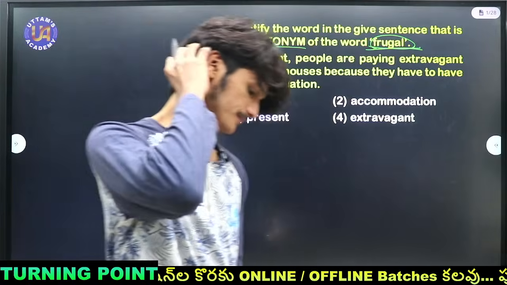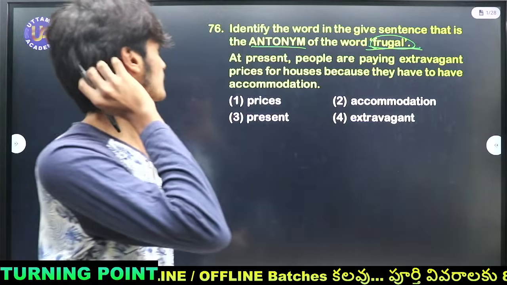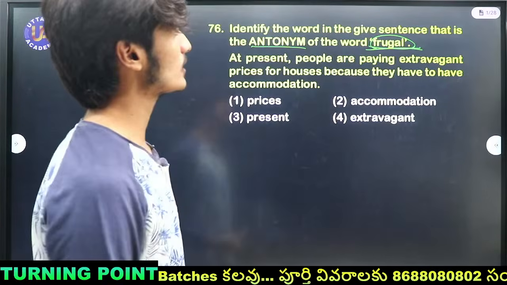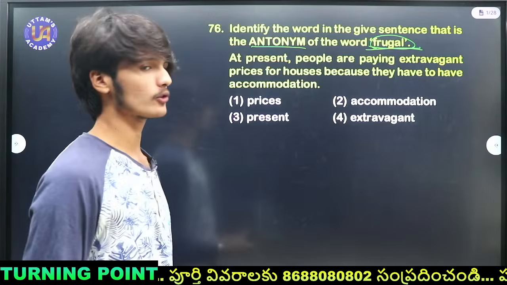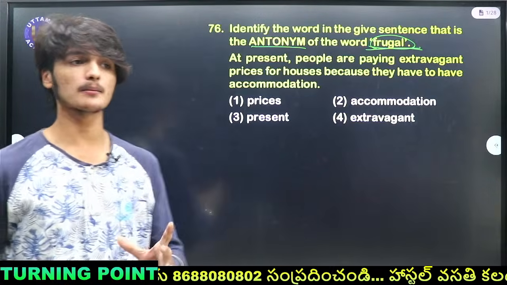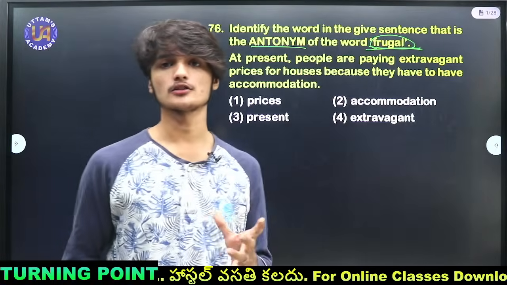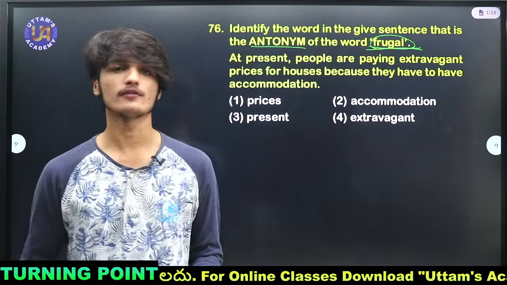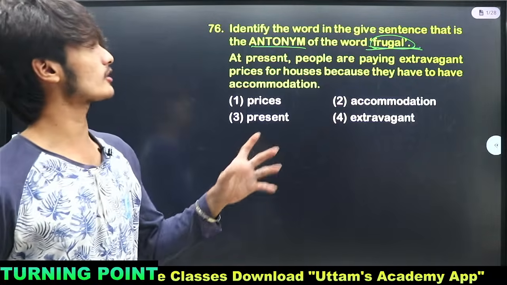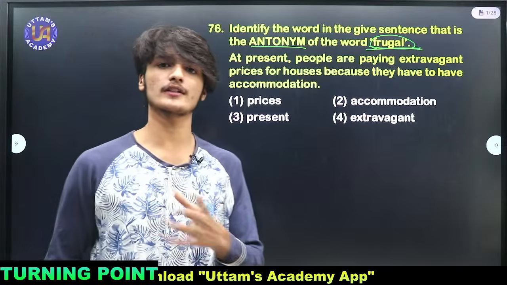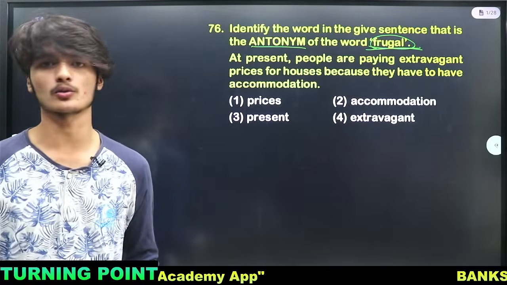So okay, let us get into this answer. What does the word frugal generally mean? Frugal generally means spending money economically, with care. Spending money with care is called frugal, and the opposite of frugal is a person who is wasting money excessively.